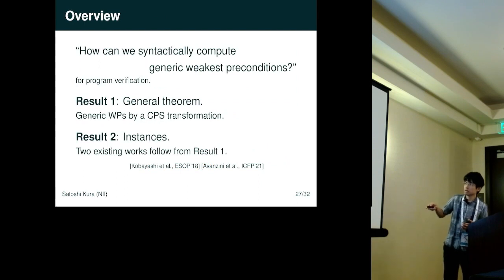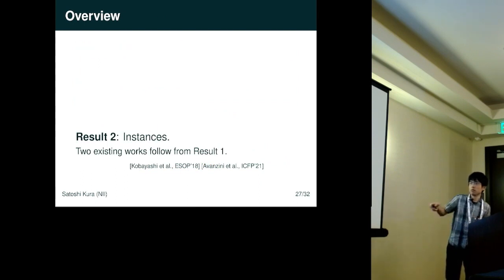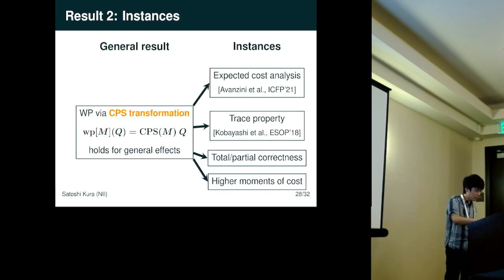From now on, I'm going to explain the second half of our result, which is instances of our general theorem. We obtained several instances of our main theorem, and in particular, we were able to reproduce the results from existing work on program verification, like these papers.